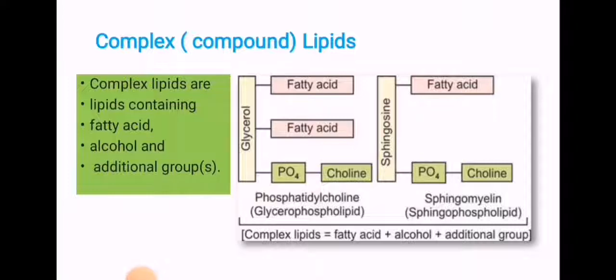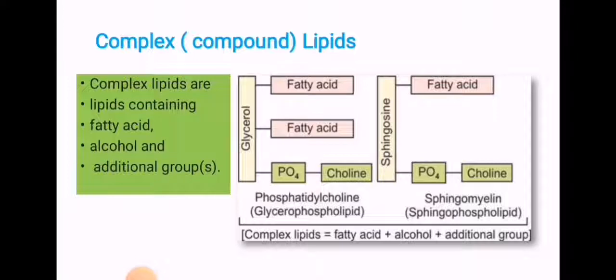So here if you see the phosphatidylcholine and the sphingomyelin. In phosphatidylcholine, what are the extra groups? Phosphoric acid and a nitrogenous base, that is choline. So here the alcohol is the glycerol, and there are two fatty acids.